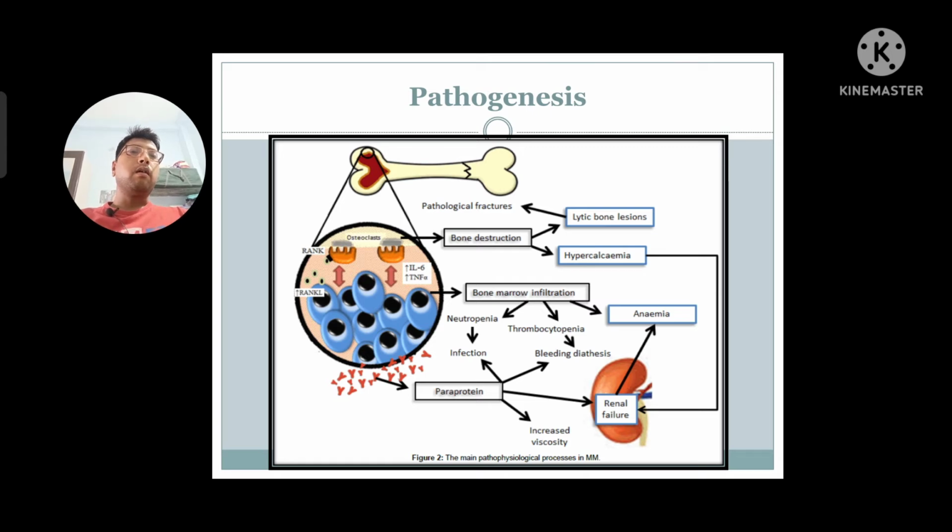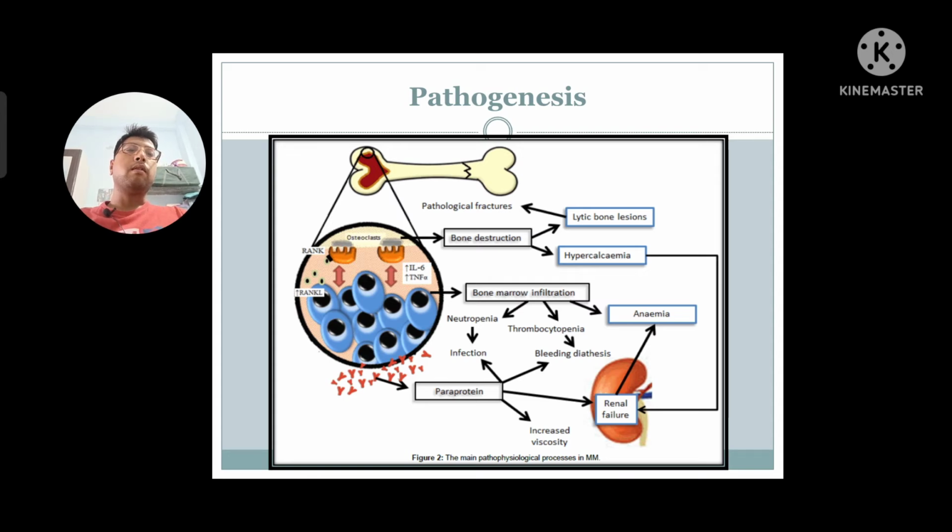Other pathogenic mechanisms are also there. With production of multiple myeloma in the bone marrow, no other cells have space for production, and that may lead to lymphopenia, neutropenia and thrombocytopenia.